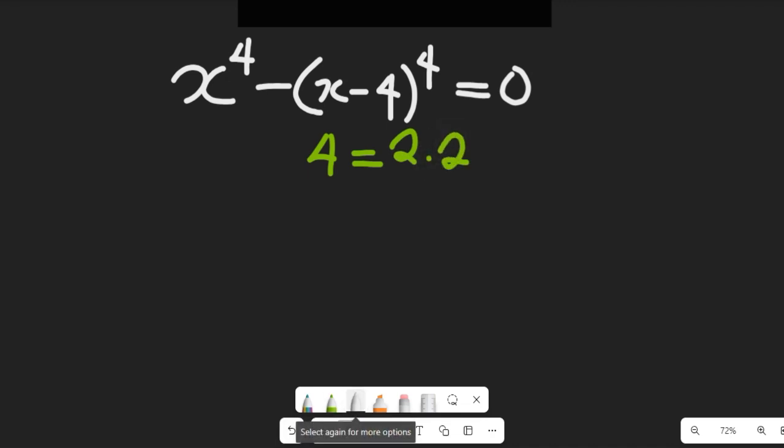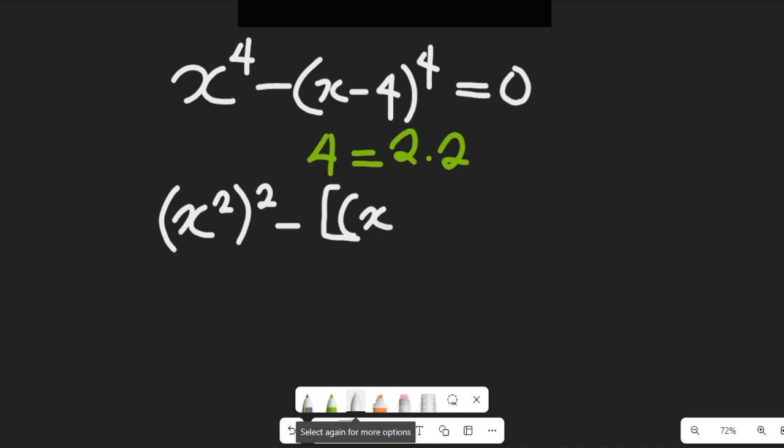So this expression will now give us (x squared) all raised to the power of 2, since if the two exponents multiply, we get x to the power of 4. This will also give us (x minus 4 all squared) all squared, and this will be equal to 0.